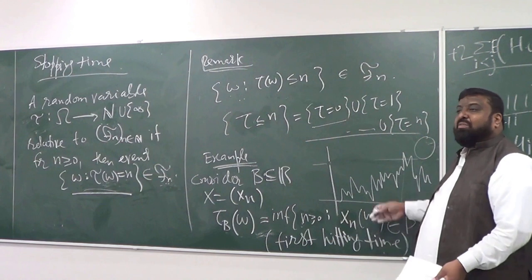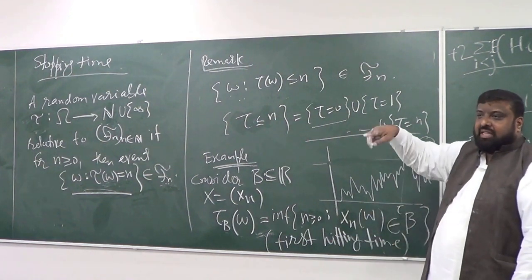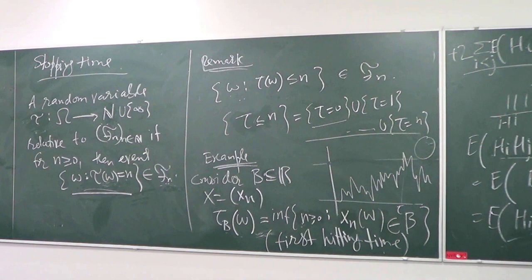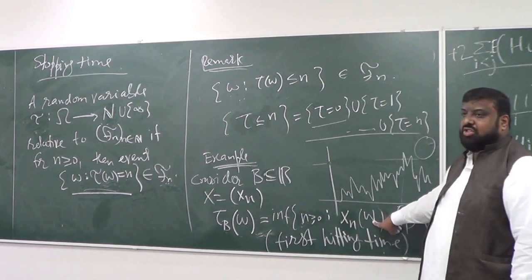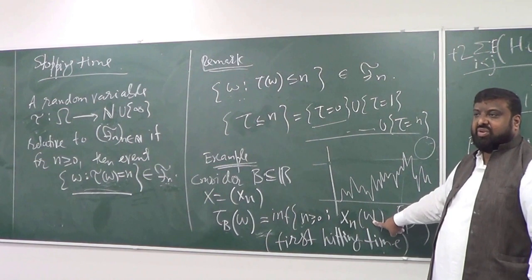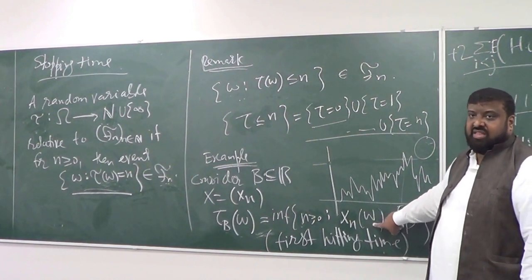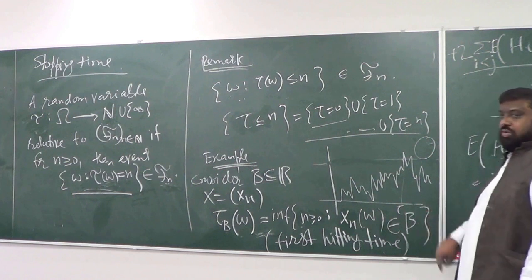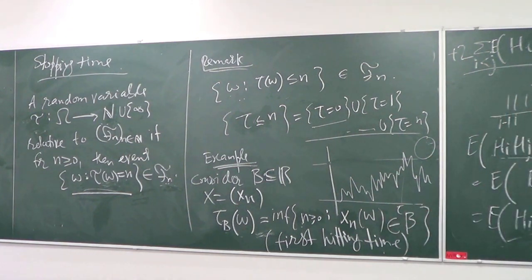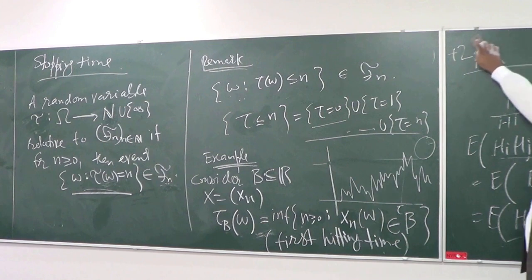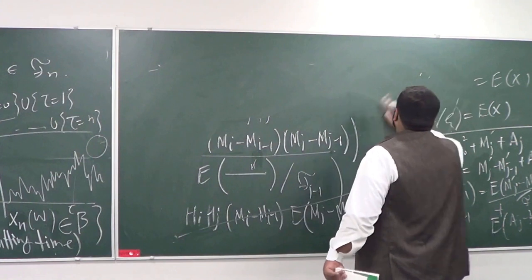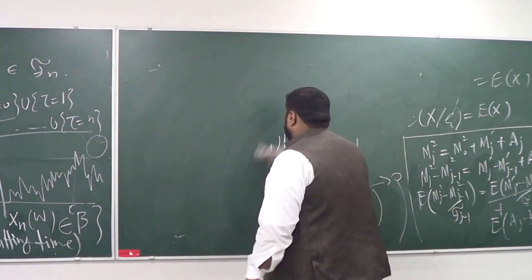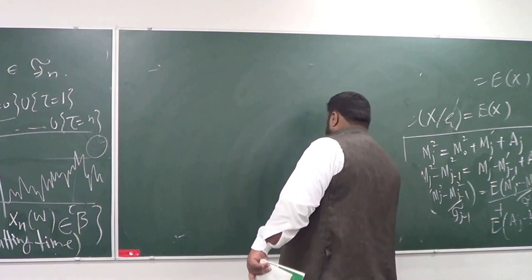But when I'm writing Xn of omega, I'm talking about one concrete path out of many paths. You give me an omega, and consider the path corresponding to this omega, and you are interested in when this path is going to enter into the Borel set. The moment it enters into the Borel set, that's the stopping time.